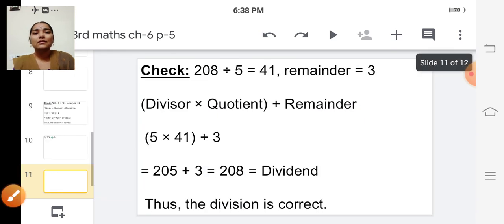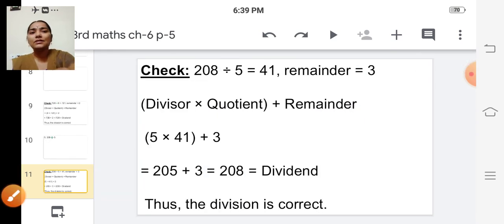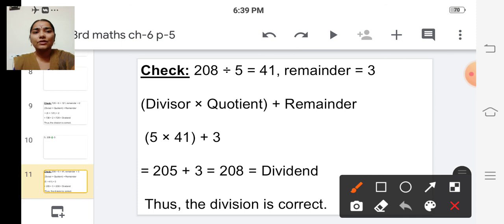Yes. So 208 divided by 5 is equal to 41 and remainder is 3. The formula is divisor into quotient plus remainder. So the divisor is 5, quotient is 41 plus remainder is 3.